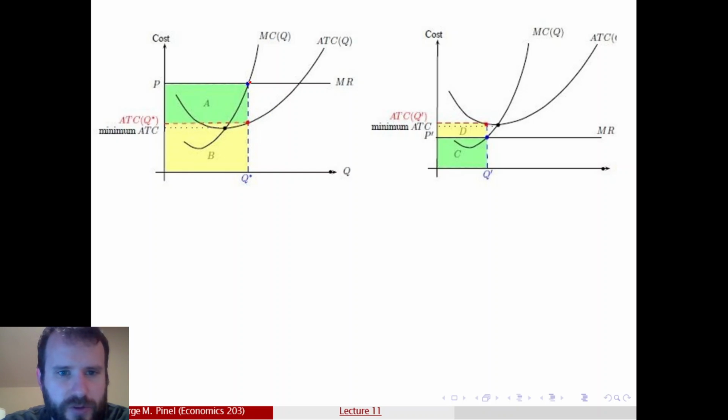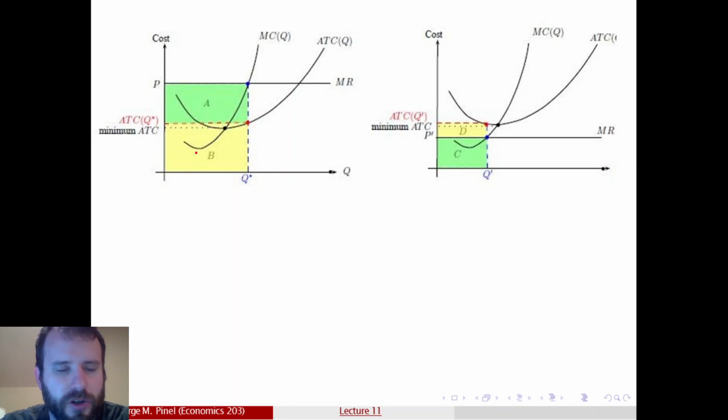Price times quantity is your revenue, so A plus B is your revenue. Your average total cost times your quantity is total cost, right? ATC is total cost of Q divided by Q, so if you multiply back quantity, you get your total cost.